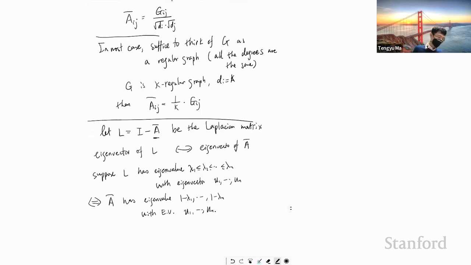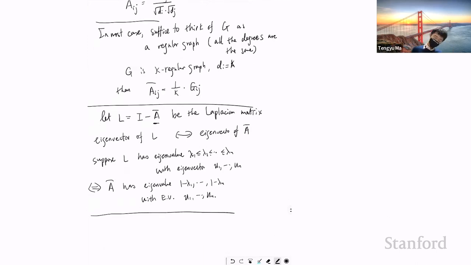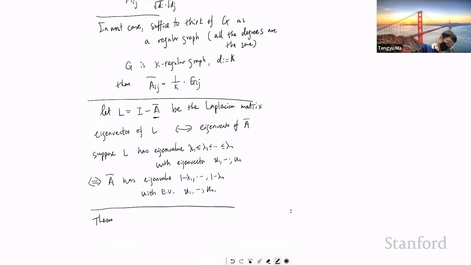And now let's see what we can do with this. This is, in my opinion, a pretty important theorem. It's called Cheeger's inequality. It dates back to 1969 by Jeff Cheeger.